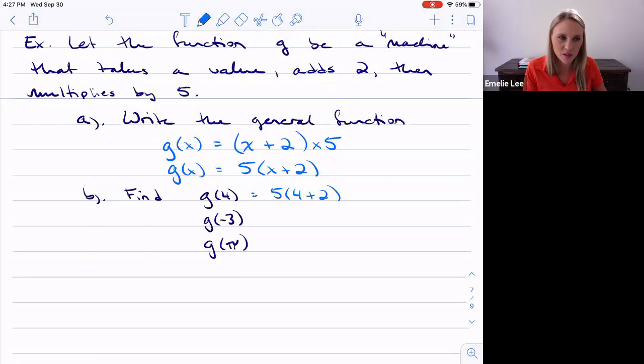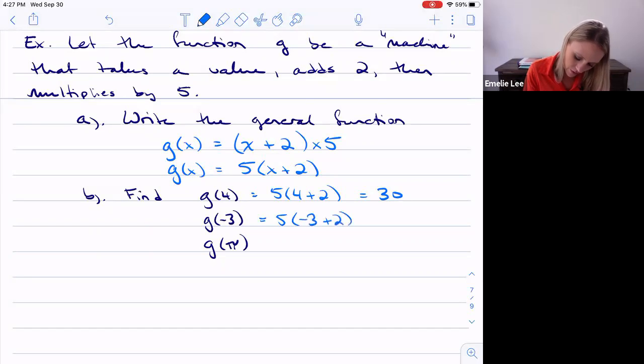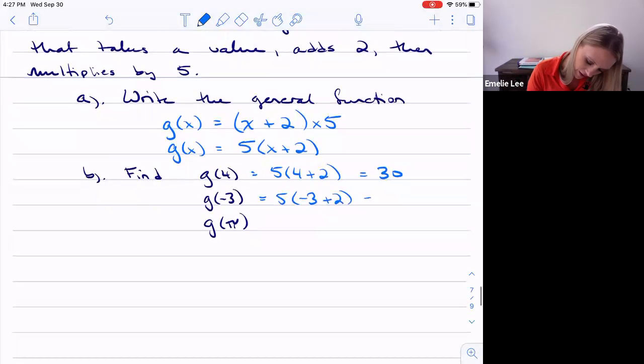So 4 plus 2 puts me at 6 times 5 is 30. G of -3 is 5 times -3 plus 2. I have to deal with the brackets first. -3 plus 2 is -1, times 5 is -5.